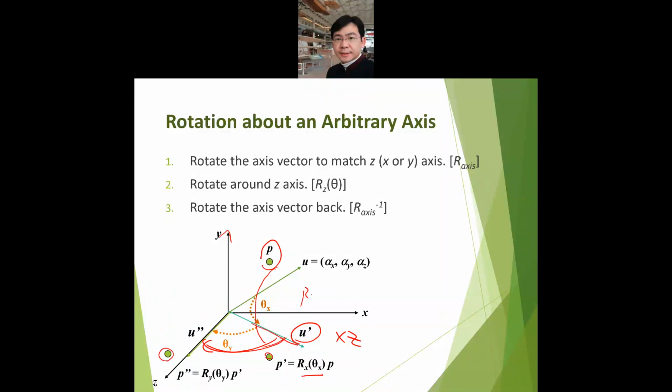The axis is on the xz plane, but the p plane may not be on the xz plane. And then we use ry to move the axis to here, and our point will move to here, right? And at this point, through these two transformations, we can turn our u to u double-prime here, right?